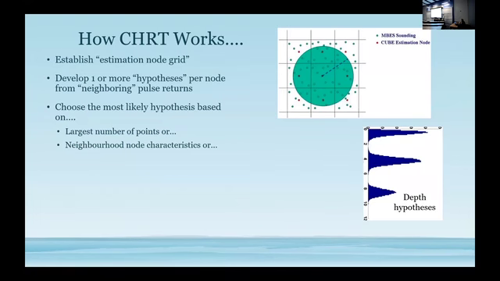And one of those is going to be assumed to be the correct one. After a distribution like that is generated, a decision is made of which is correct, if one has the largest number of points, or neighborhood node characteristics. So if you have one node next to this one that was very definitely that one, we will say, yes, we will assign that and say that's the correct hypothesis.